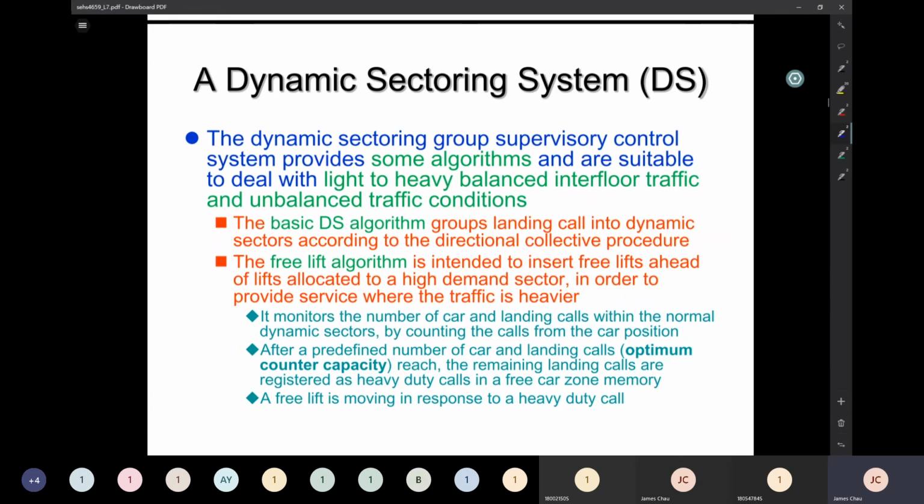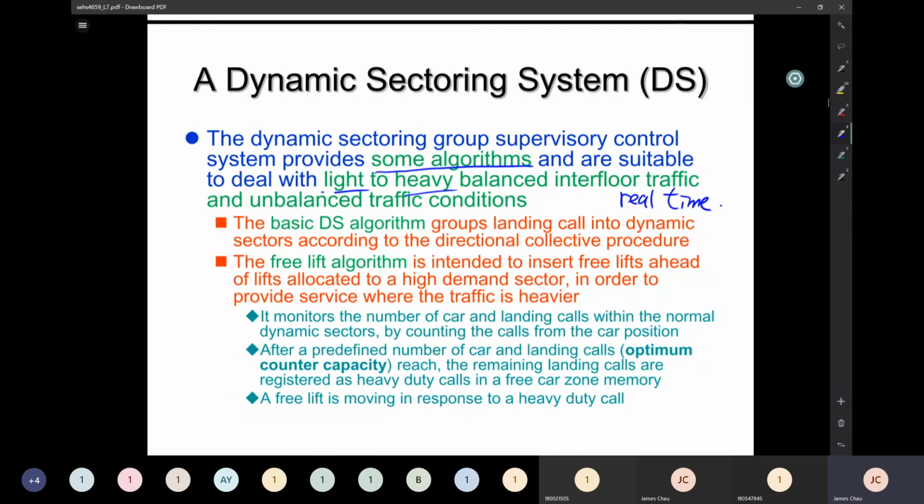Okay, and we provide the setter with some algorithms to switch from light to heavy balanced interval traffic and unbalanced traffic conditions. Therefore, it depends on the real-time traffic. We are required to monitor the traffic in the lift in order to decide which setting algorithm is going to be applied to control the lift.